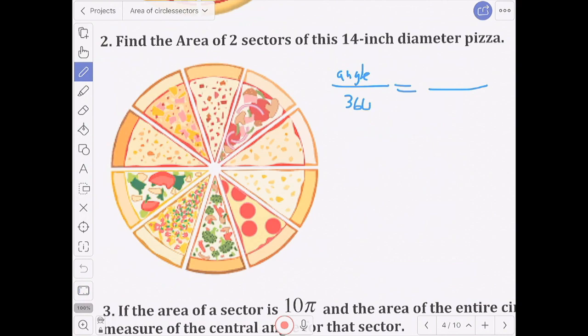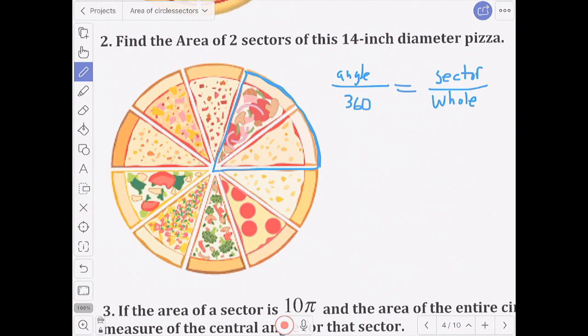So it's the part over the total, and the part, the area of the sector, over the entire area of the pizza. We're looking for the area of two sectors or two slices of pizza together, because you're not just going to have one piece. Come on.